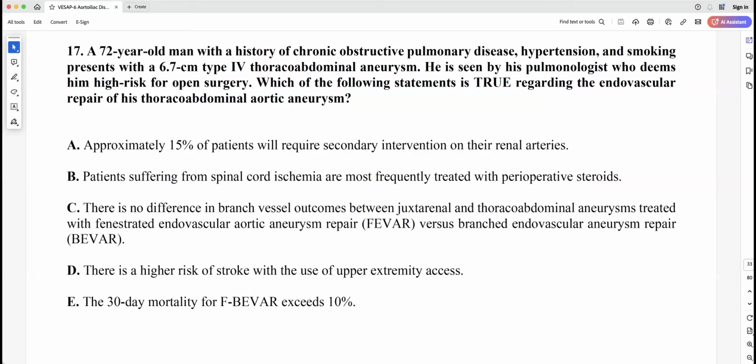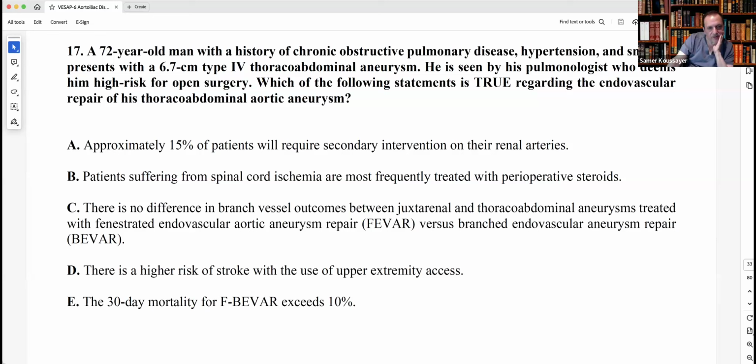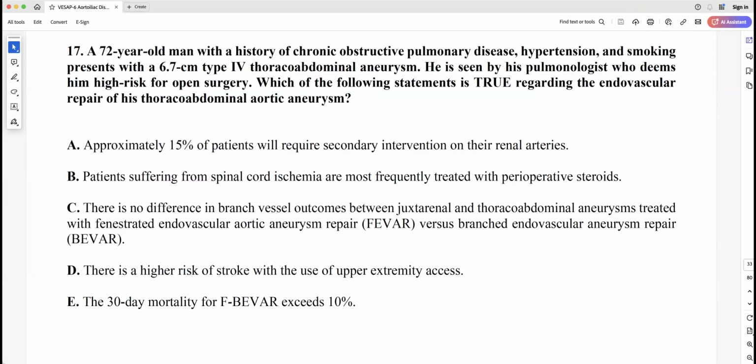Approximately 15% of patients will require secondary intervention on their renal arteries. So after FEVAR or BEVAR, the most common problem you can get is renal artery stent occlusion. And you know why?